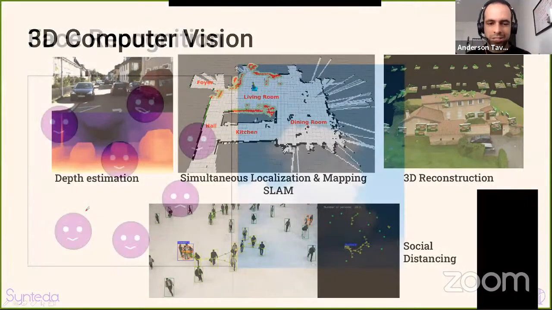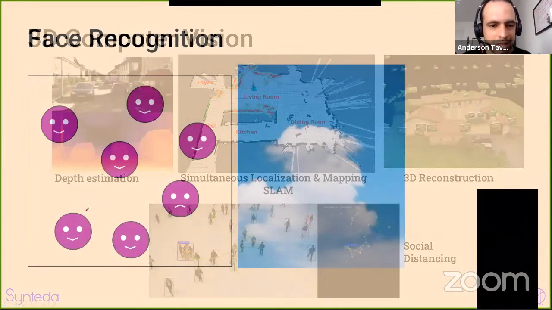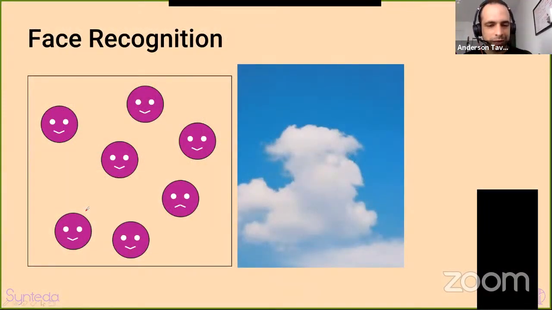Yeah, and about face recognition. Could you recognize which person this is? It seems to be easy for us. It's that one. Even if those faces are just a bunch of line drawings, we are really used to detecting faces.